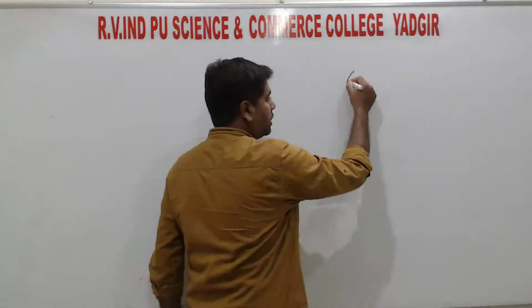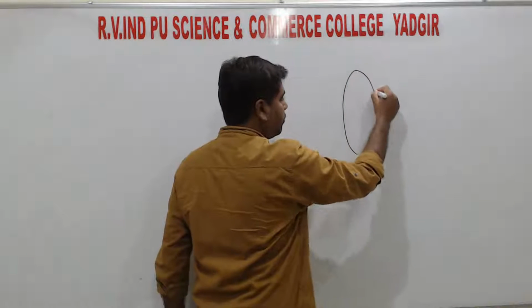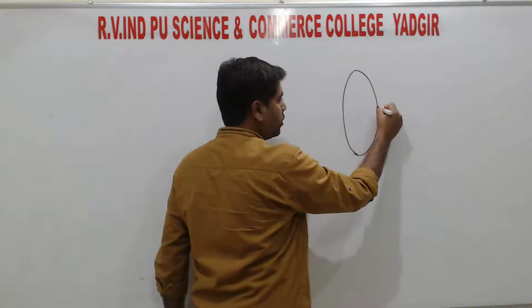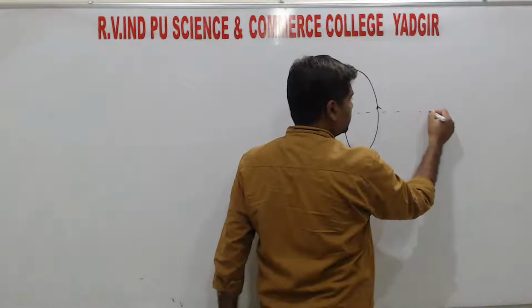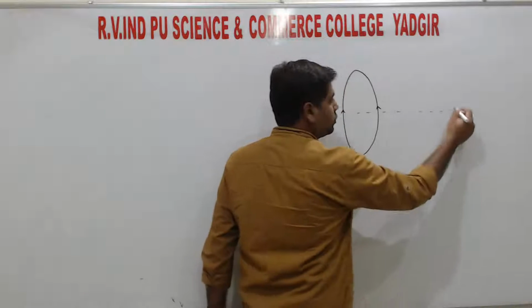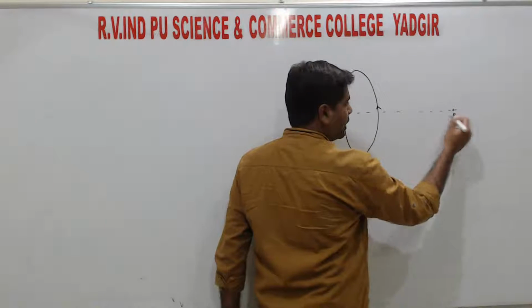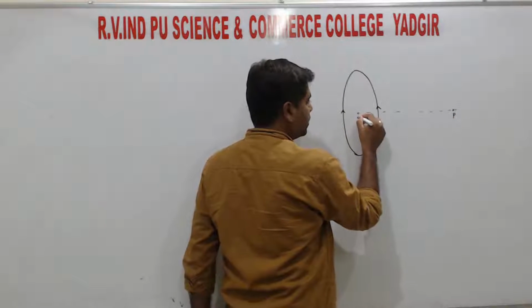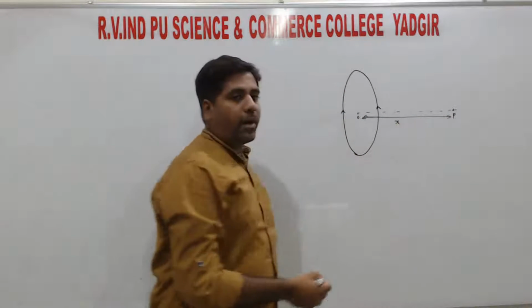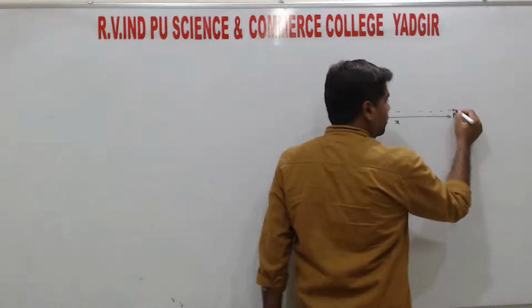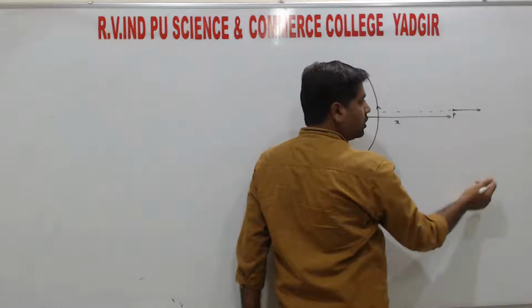In the last class, we derived the relation for a current carrying circular loop to find the magnetic field on the axis of the loop. We find the magnetic field from the center at a distance x, along the x-axis.